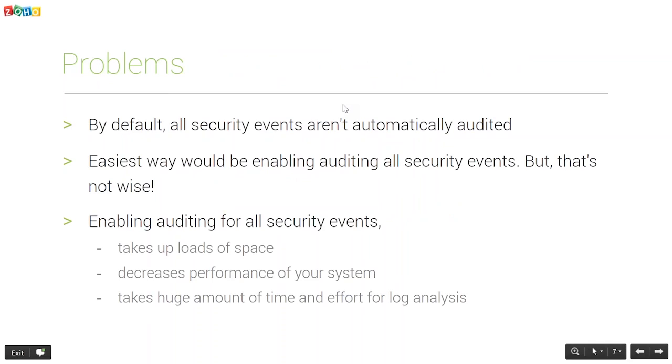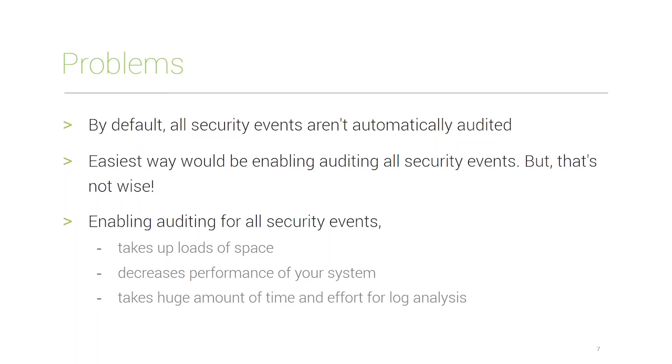By default, all the security events are not automatically audited, and we need to change the audit settings to specify to the system what are the events the system must log. It would seem that the easiest way would be to enable auditing for all security events, but that's not a wise idea. If you collect and review audit logs for all security events, the system generates lots of data.